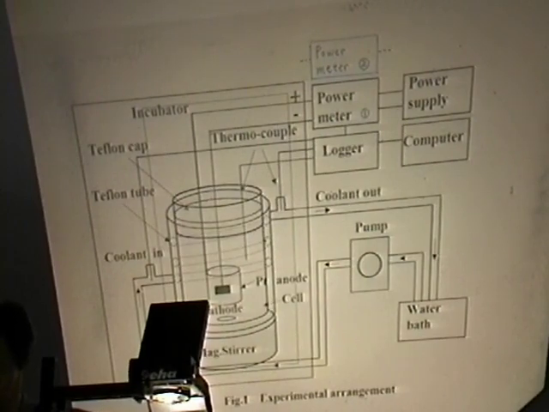The top of the cell is plugged with a Teflon rubber cap. But it is not closed because several holes are opened in the cap to allow decomposed hydrogen and oxygen gas to escape. This effluent gas carries away a portion of the heat, so the heat generated in the cell is underestimated. The electrolyte temperature in the cell is measured with a Teflon-covered thermocouple.